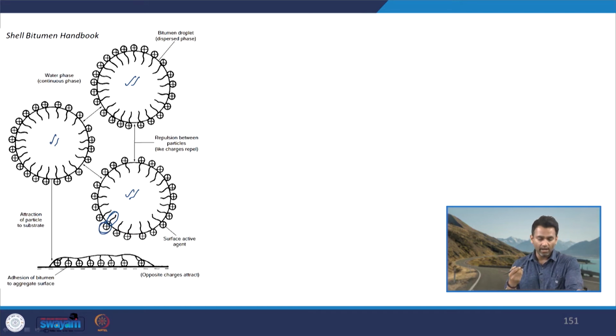Let us say this is a cationic form of emulsion, and because like charges will repel each other, if you imagine a system where bitumen globules are dispersed and they have overall charges, they will not try to come close to each other because positive charges will have repulsion between them.